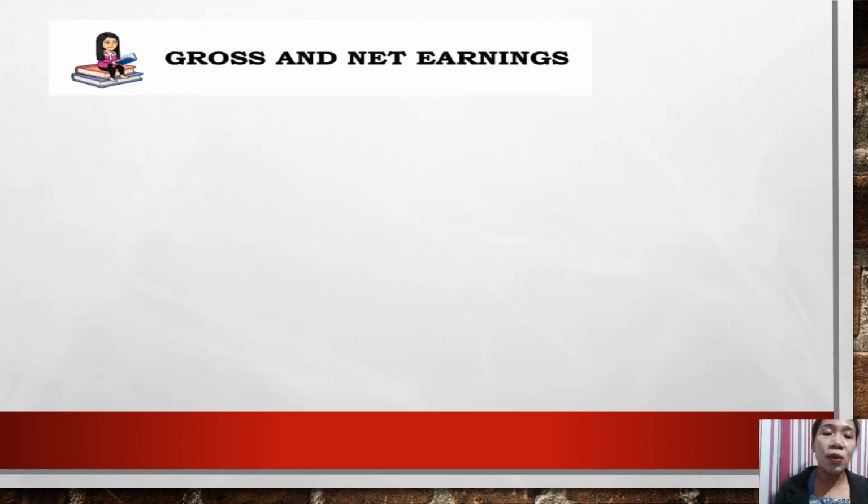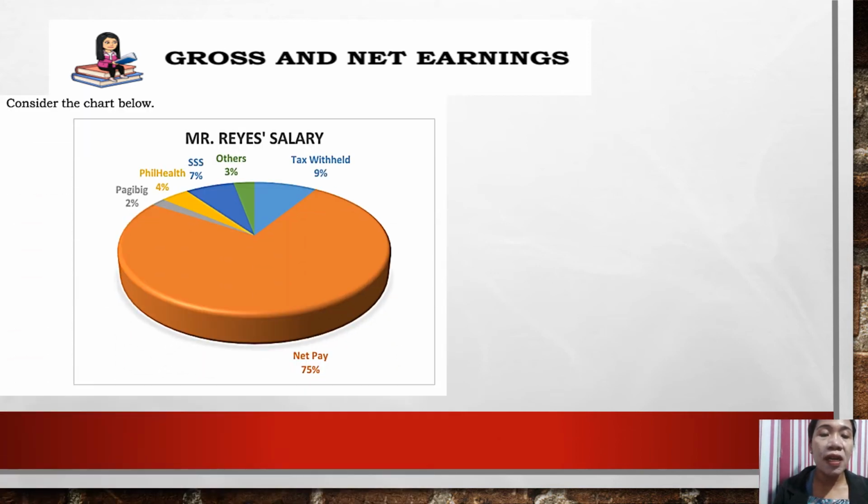Okay, let's move on to gross and net earnings. Consider the chart below of Mr. Reyes' salary. Take note that Pag-IBIG is 2%. He has Pag-IBIG, 2%, not the pag-ibig that means love.